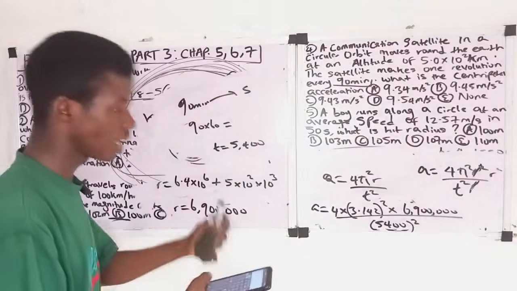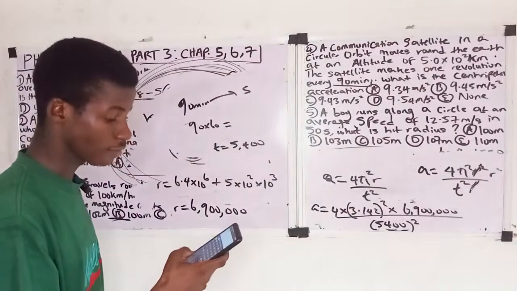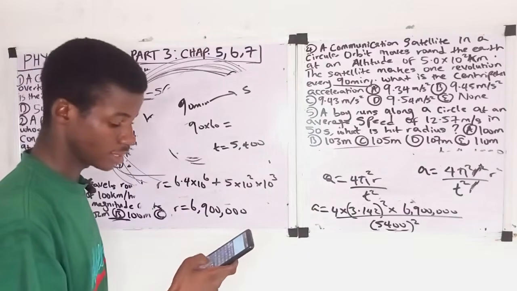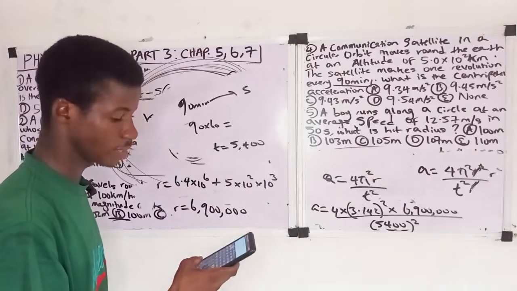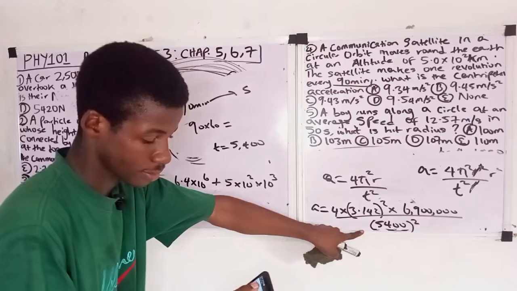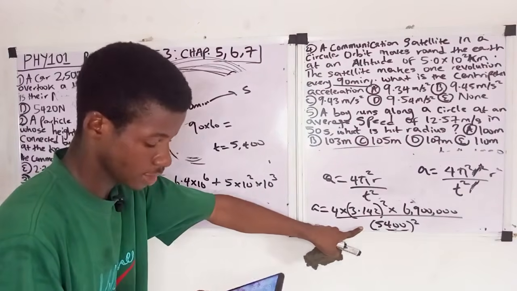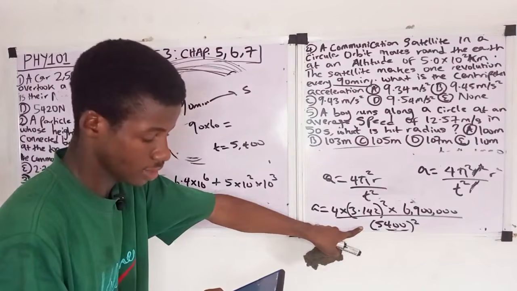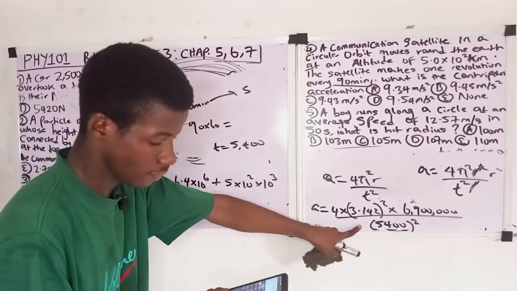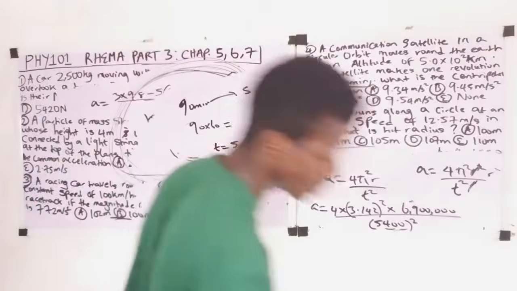Now we have 4 times bracket open 3.142 all squared, then times 6,900,000, then divide by bracket open 5,400 all squared. So our answer will be 9.34, which is A.